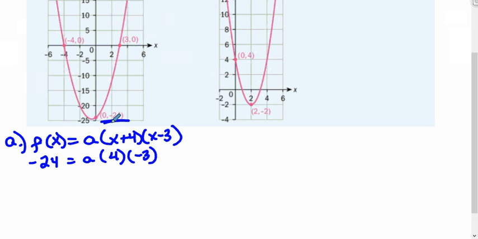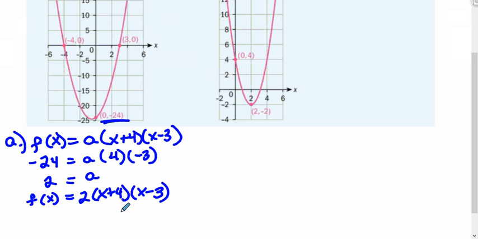Because it's the point 0, negative 24, that's my x value. So this gives me negative 12, divide negative 12 over, so a therefore is positive 2. So your equation in intercept form is f of x equals 2 times x plus 4 times x minus 3.